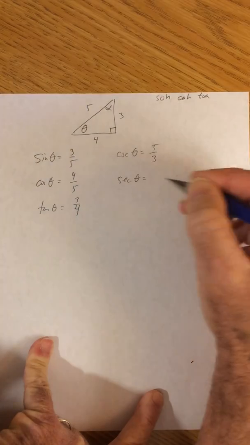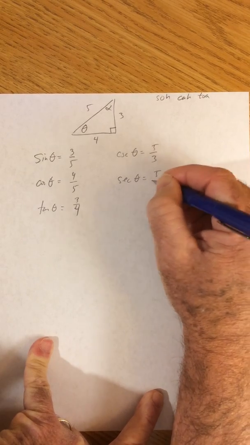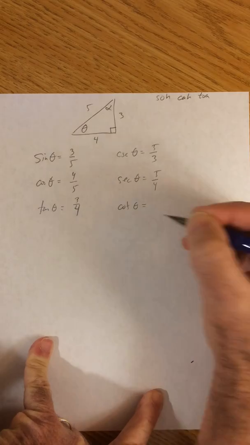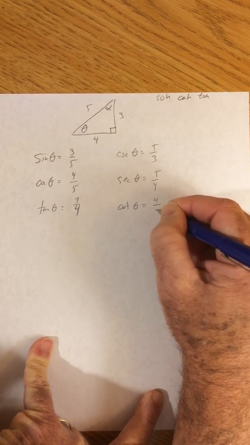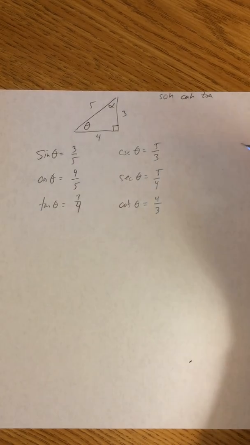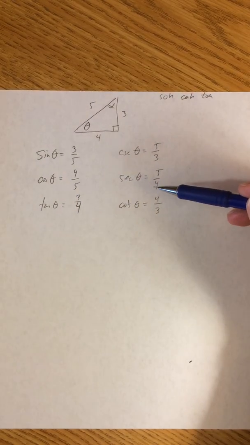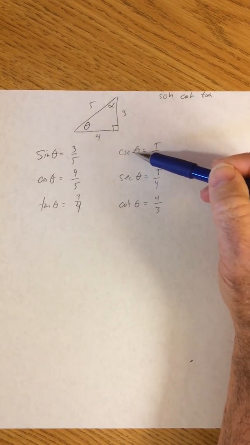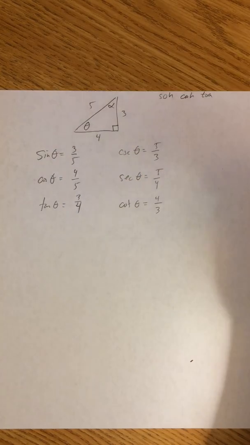Secant theta is reciprocal of cosine. Cotangent theta is the reciprocal of tangent. And that's it. In order to list the 6 trigonometric functions, list the 3 by SOHCAHTOA, and then write the reciprocals right next to them. It's very simple.